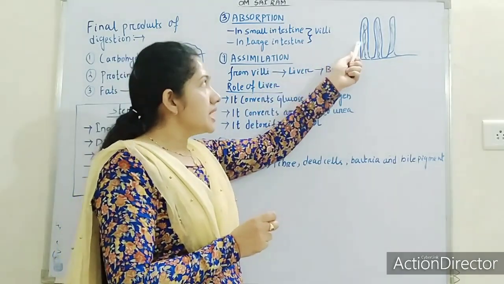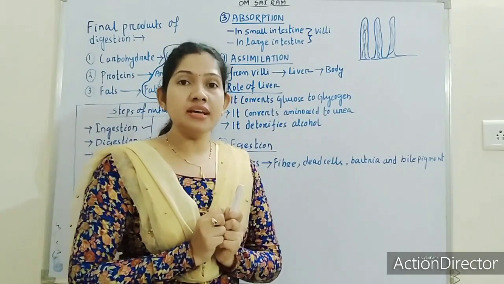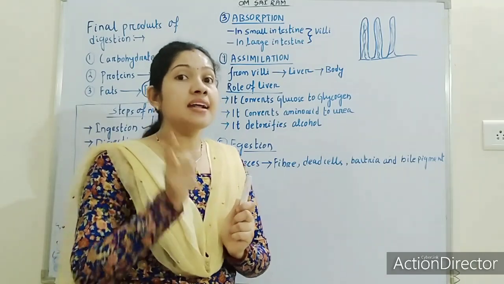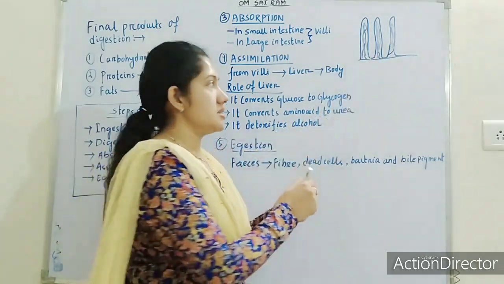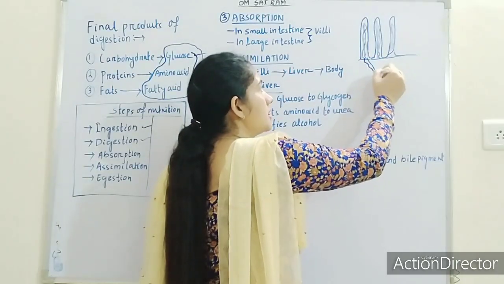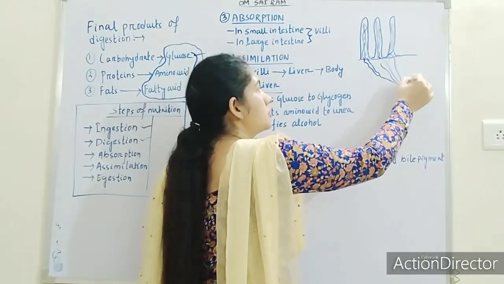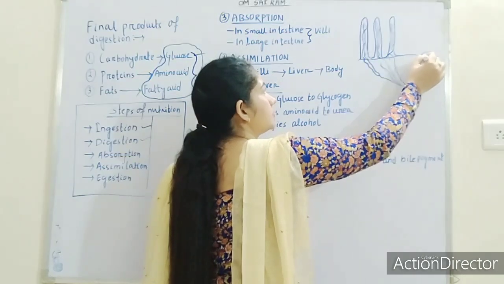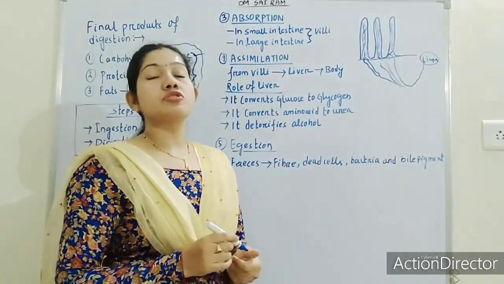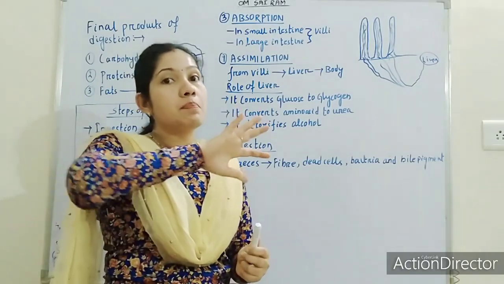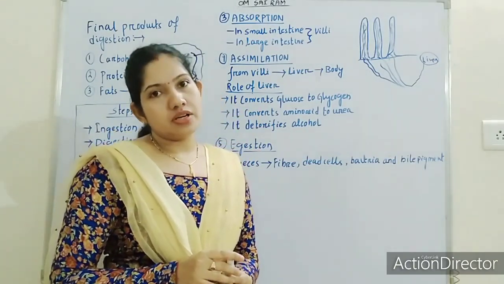Got it? Villi help in absorbing nutrients, and the absorbed nutrients, with the help of these blood capillaries, are passed on to the what? The liver. Now all the absorbed nutrients will be passed on to the liver.